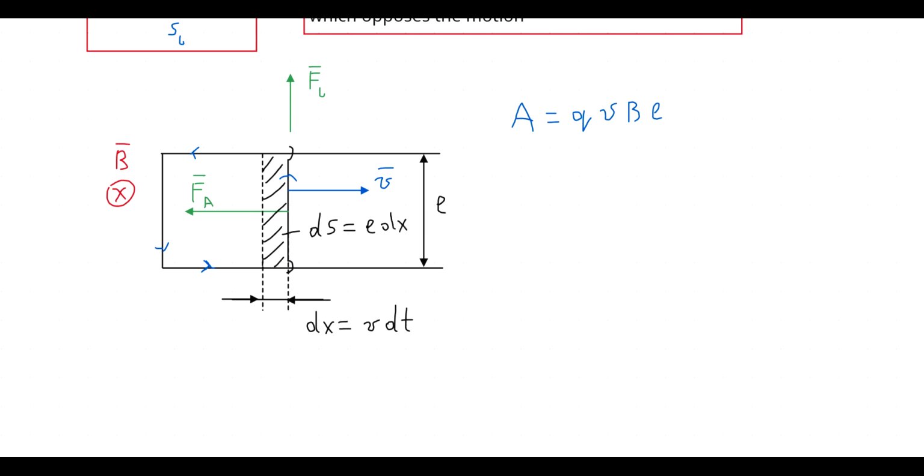Area of a rectangle, of course, is equal to the product of its sides.